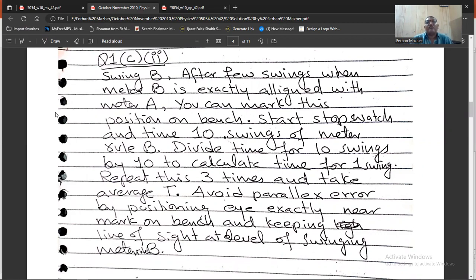Divide the time for 10 swings by 10 to calculate the time for 1 swing. Repeat this 3 times and take the average, capital T. Avoid the parallax error by positioning the eye exactly near the mark on the bench and keeping the line of sight at the level of the swinging meter rule B.